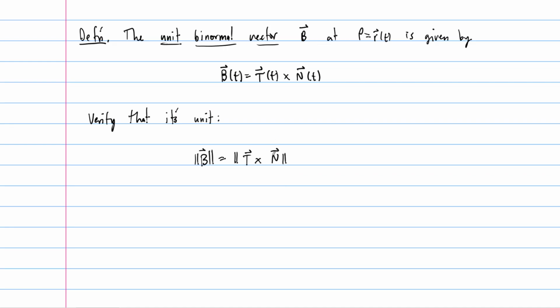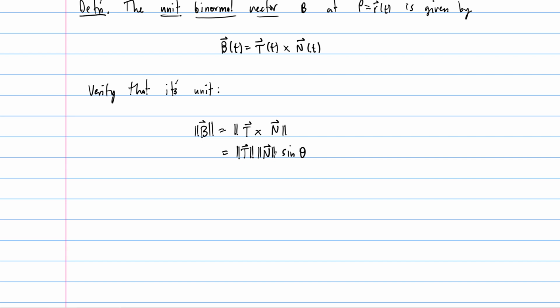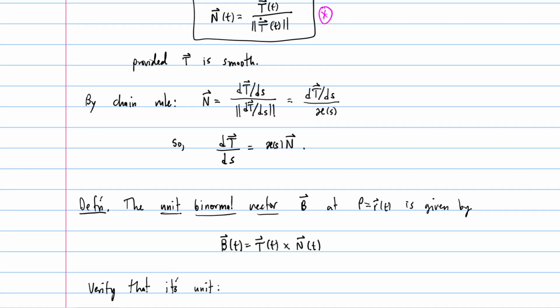All right. And remember, there's a formula for the length of a cross product from Calculus 2 that says that this is the product of the length of T times the length of N times the sine of the angle made between the two of them, between T and N. And we know all these things. We built these two vectors so that the length of T is 1 and the length of N is 1. Those are both built that way by dividing out by magnitudes, right?